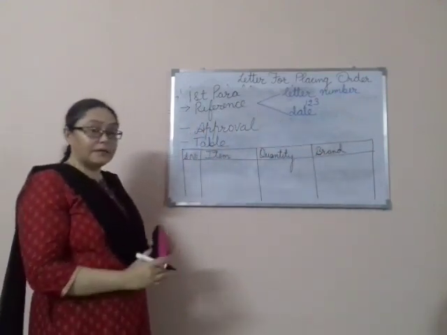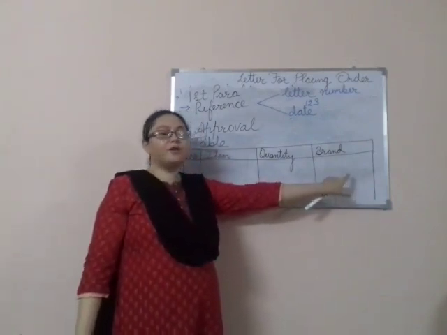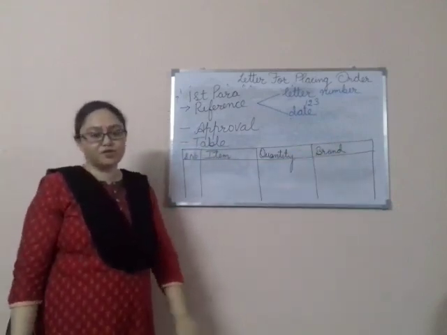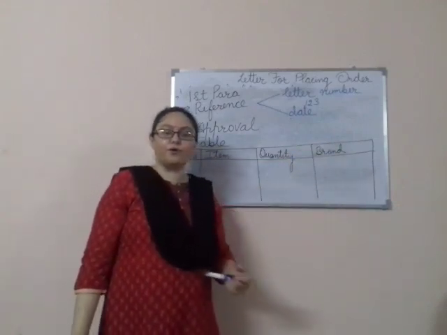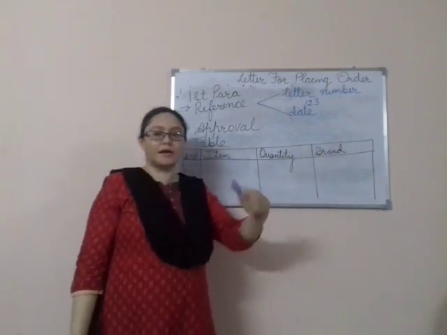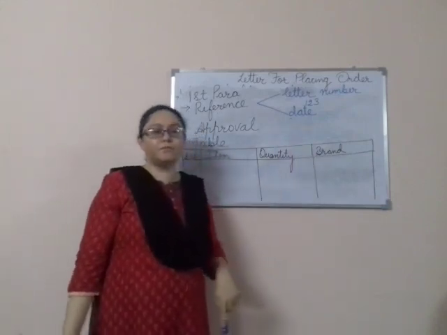Now just remember that this fourth or last column can be omitted, or the heading of this column can be changed. For example, if you are ordering some books, there instead of brand it can be the name of the author, or it can be the publisher.